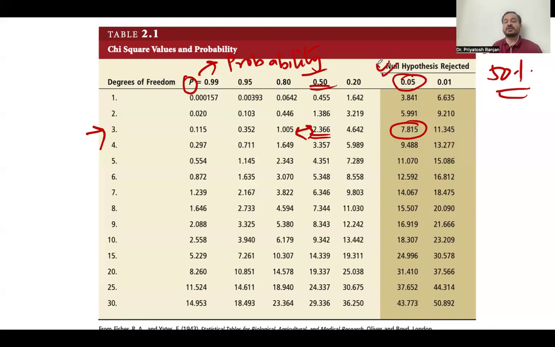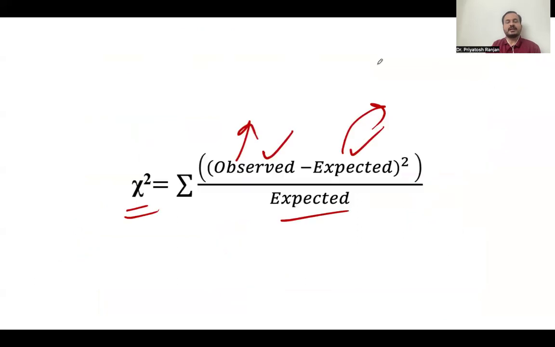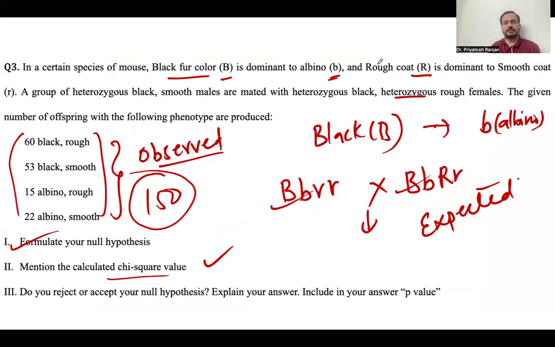And you need to come up with an alternative hypothesis, which could be anything. Let's say I can say that either the black fur color is not dominant, or the fur color in the mice is not dictated only by the two genes.